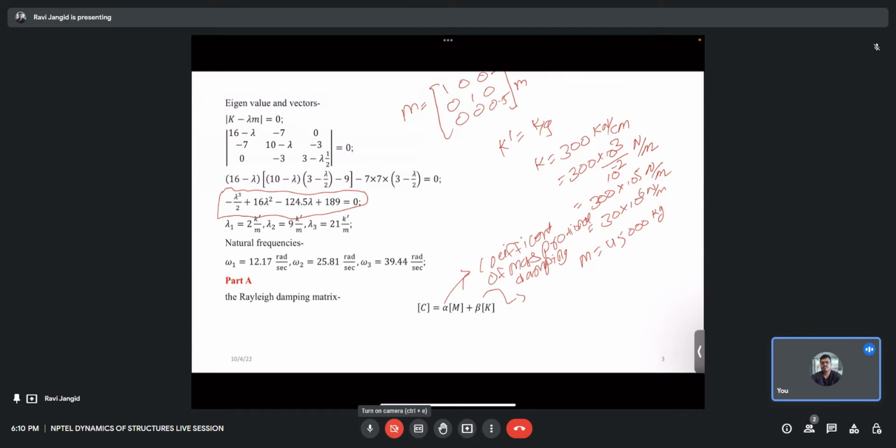So for the Rayleigh damping we need to first calculate alpha and beta, because the mass matrix and k we already have. Alpha is the mass proportional coefficient and beta is the stiffness proportional coefficient.